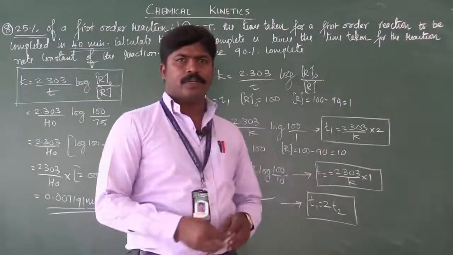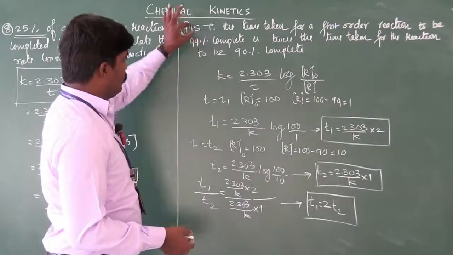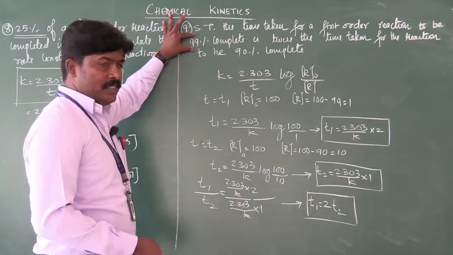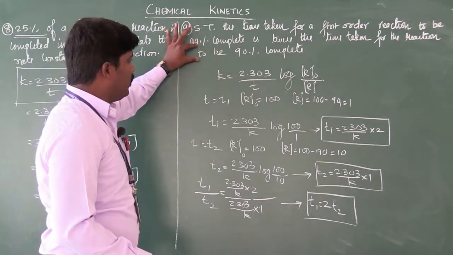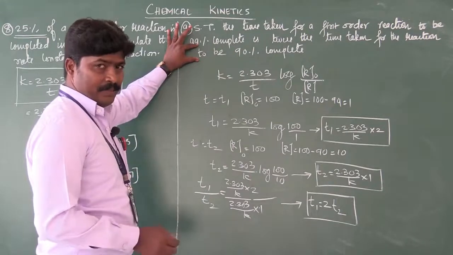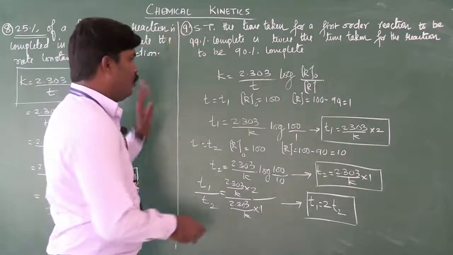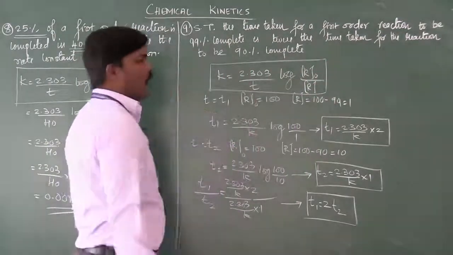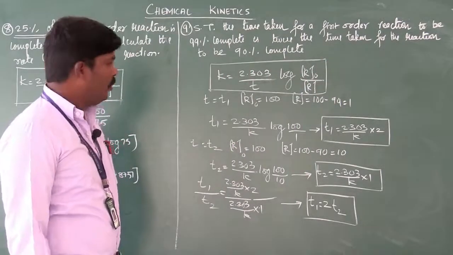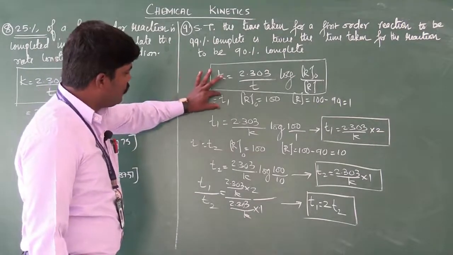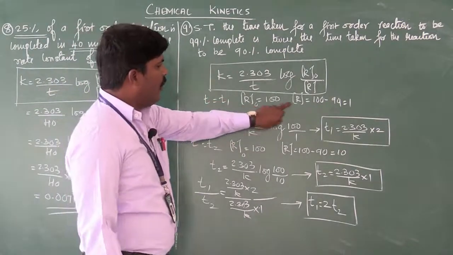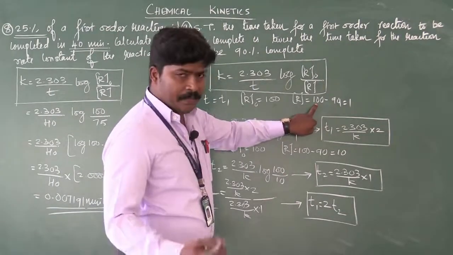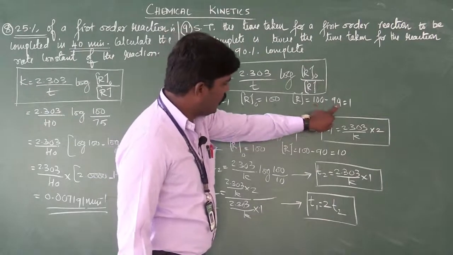Now in relation we need to come to a conclusion, that is show that the time taken for a first order reaction to be 99% complete is twice the time taken to be 90% complete. So let us consider, we know the formula, K is equal to 2.303 by T log R naught by R. Now let us consider time T as T1, R naught is 100, and for 99% complete, that is 1% remaining, R is 100 minus 99 is equal to 1.